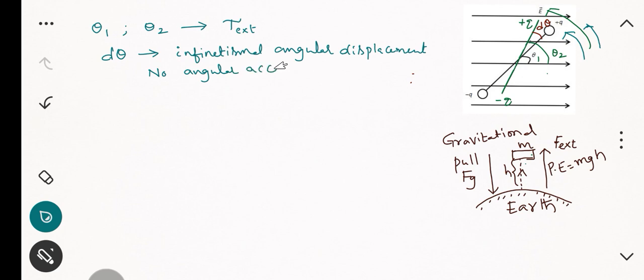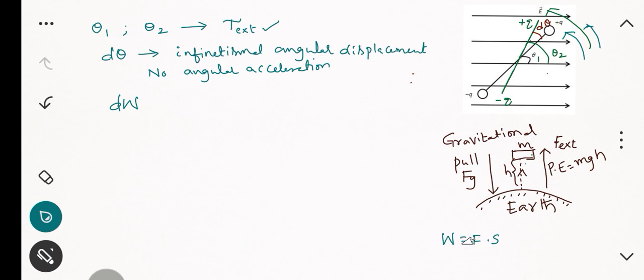By the application of the external torque, there exists an infinitesimal angular displacement and there is no angular acceleration. Then, due to this external torque, there will be some work dW done on the electric dipole. We know that the work done is equal to force times displacement.